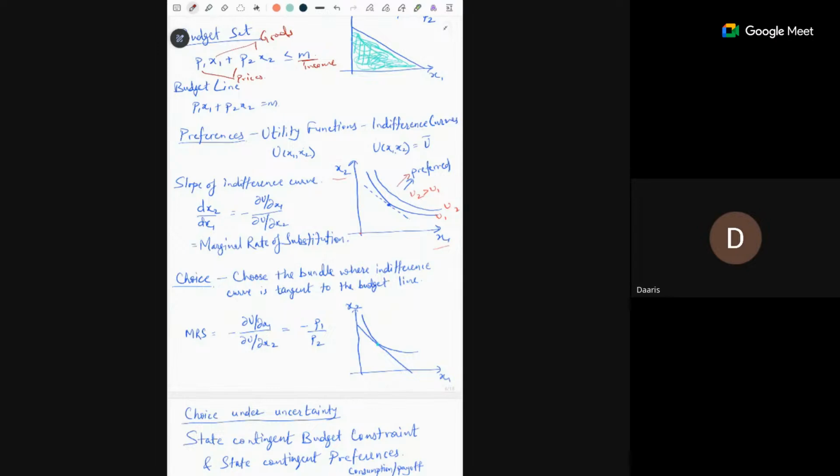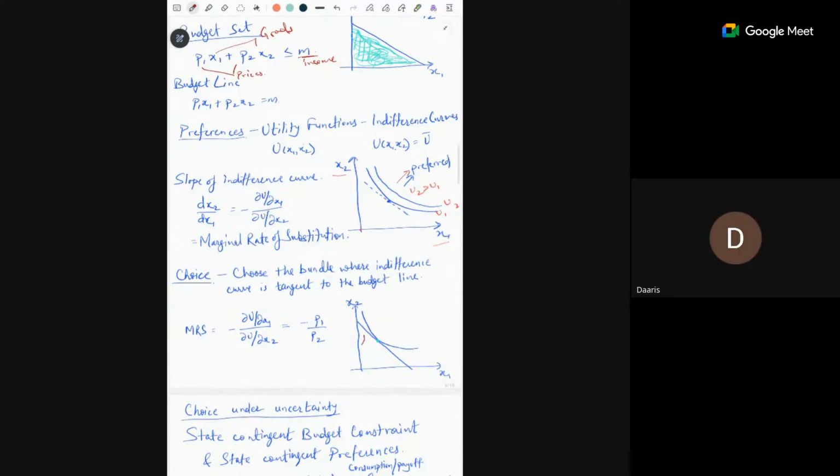Graphically, these are the feasible shapes, and these are the indifference curves. I want to find the farthest away curve, and that would be the indifference curve just tangent to this budget line. So this green dot is the optimal consumption point for this individual.